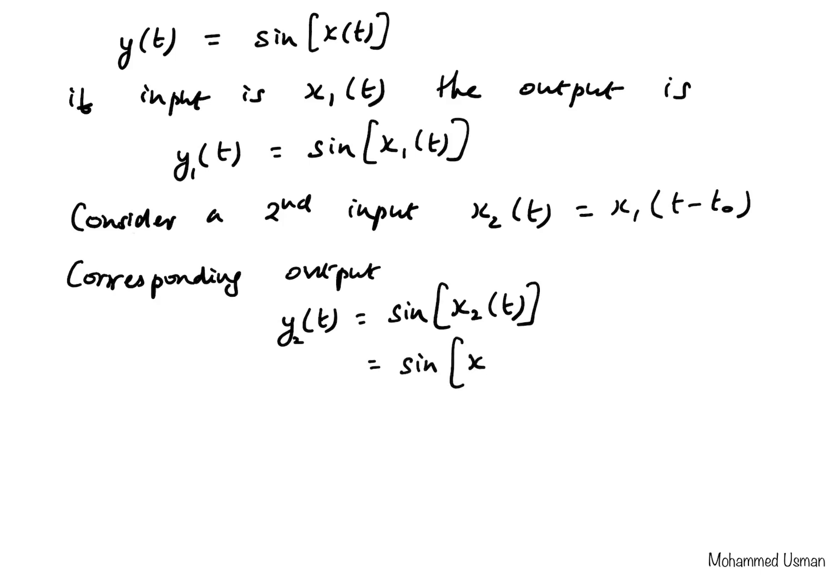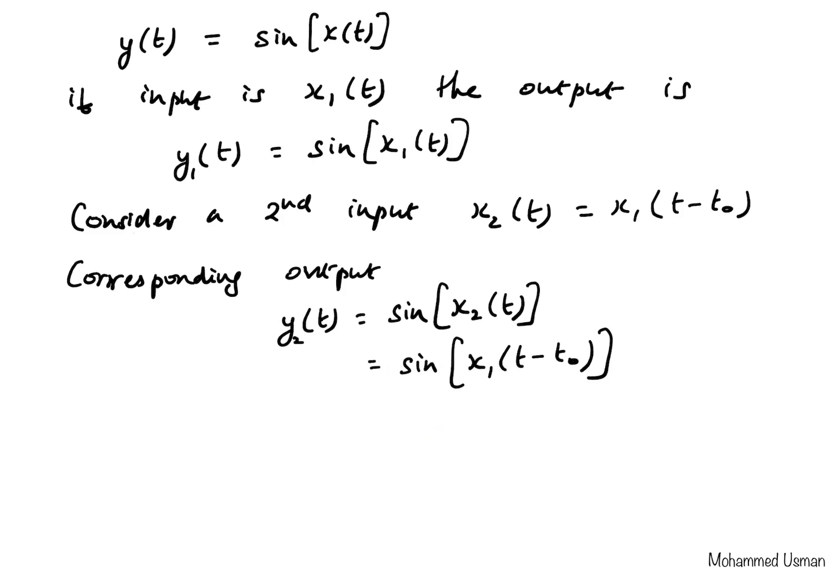So y2 of t is sine of x1 of t minus t naught, right? But we see that sine of x1 of t is y1 of t. So if we change this to t minus t naught, this y1 of t will also become y1 of t minus t naught.